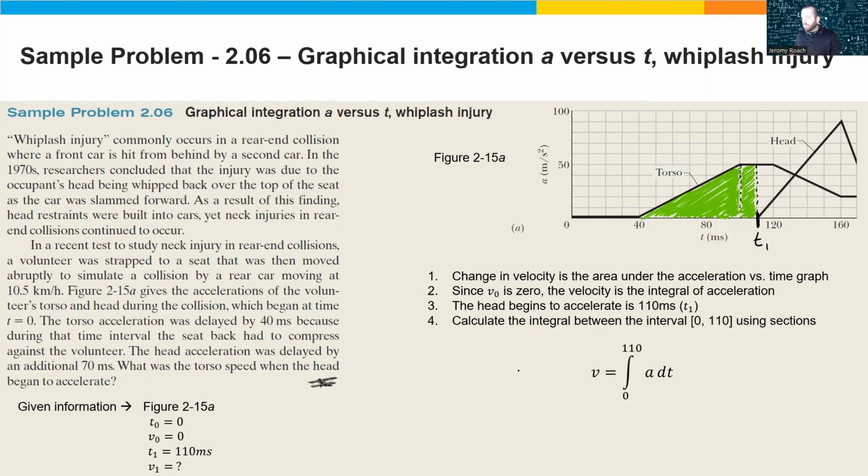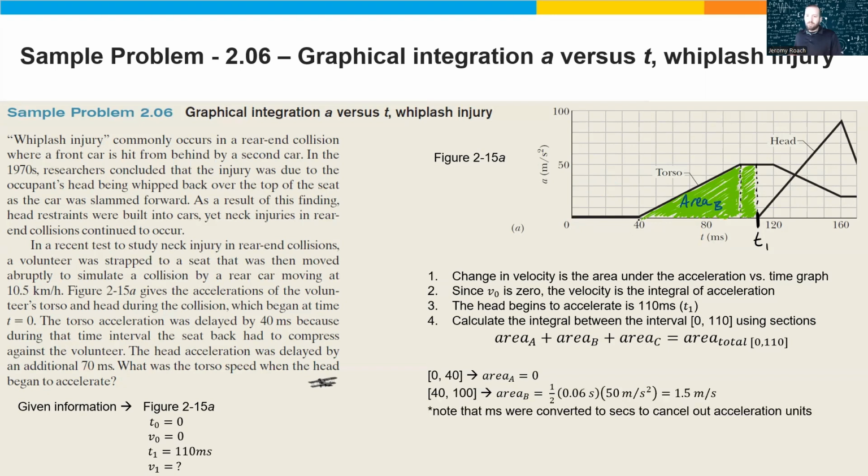That's not too bad of a calculation, especially considering that we've gone over a couple of examples of definite integrals previously. So we're just going to find the area of part A plus part B plus part C. Here's part A. There's no area from the interval of 0 to 40. For part B, from 40 to 100, this is now a triangle.